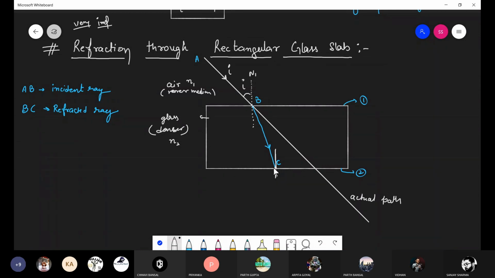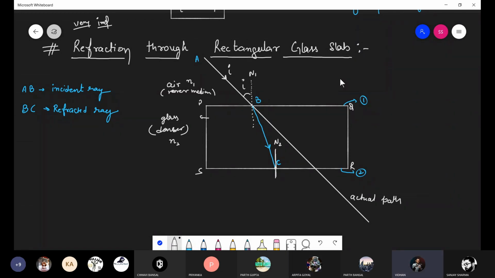This normal is N1 and this normal is N2. For this rectangular glass slab PQRS, PQ is equal to RS. Yes or no?